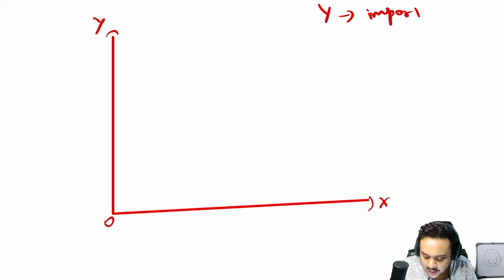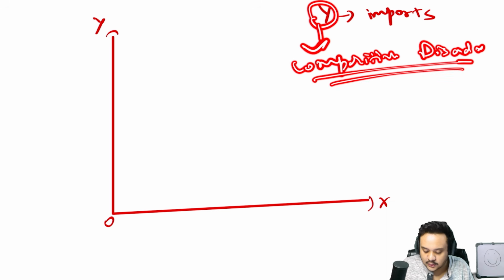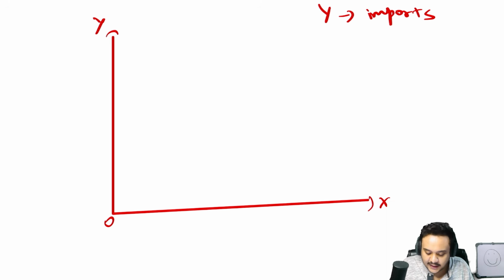And why do you have to import this good? Why do you have to import y? Because you have a comparative disadvantage in good y. So that is why x is the good that you are exporting, because it is the good in which you have a comparative advantage.